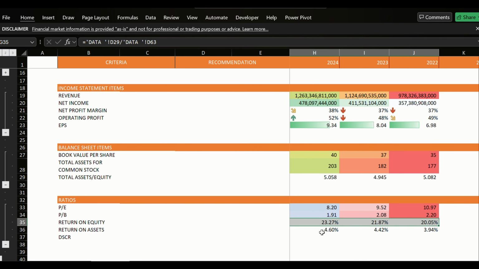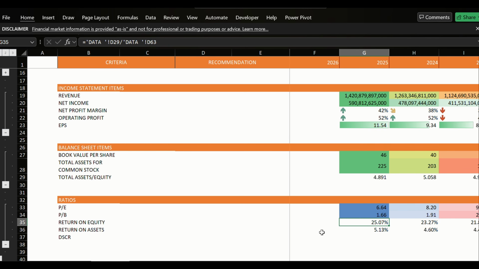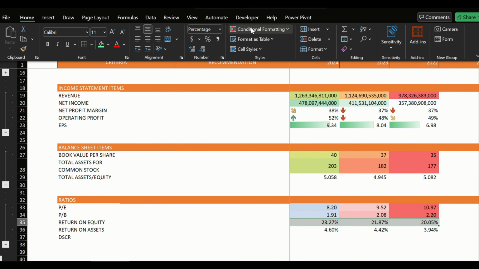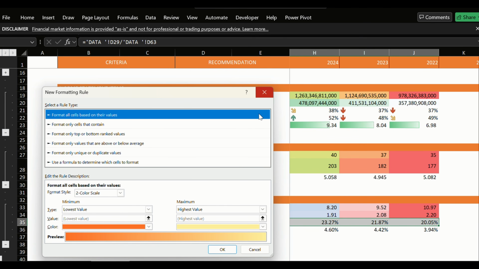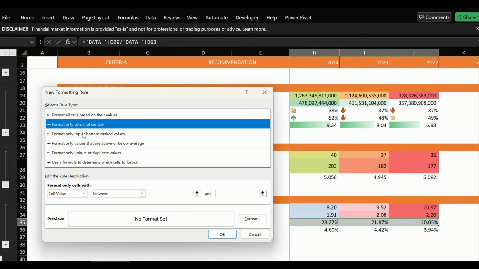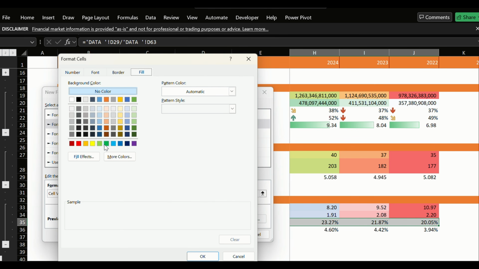Okay. Sorry. So that contains cell values between 15 and green.